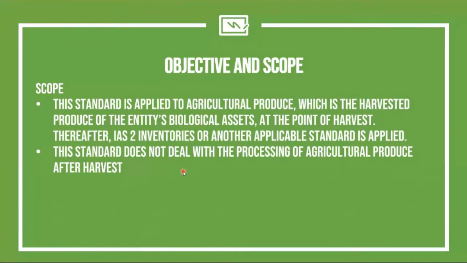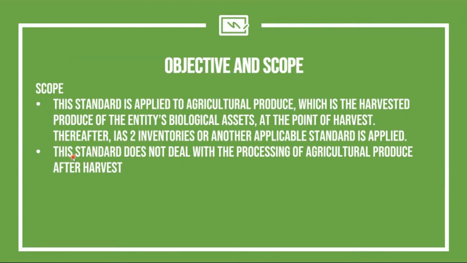Further, as part of the scope, the standard applies to agricultural produce, which is the harvested produce of the entity's biological assets at the point of harvest, meaning at the instance that we are removing the agricultural produce from the biological asset. After which, any event after the point of harvest will be covered by IAS 2.